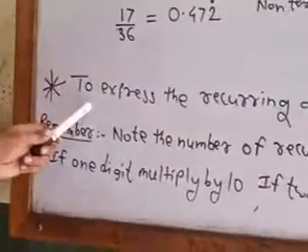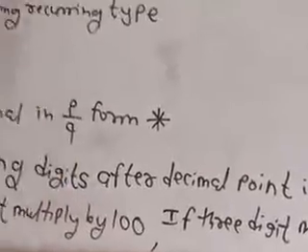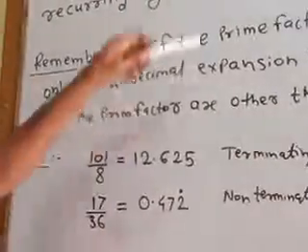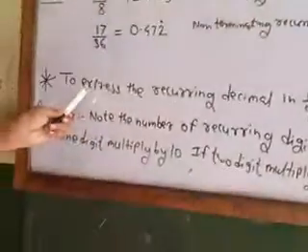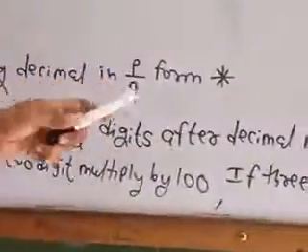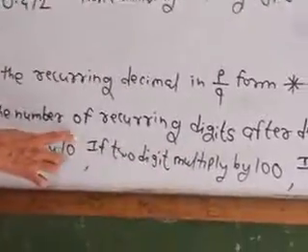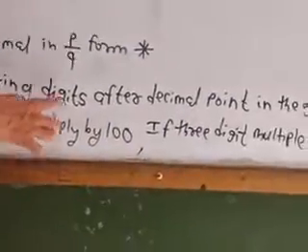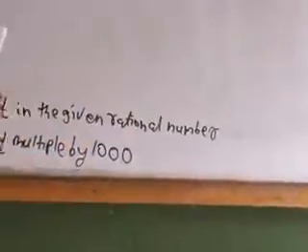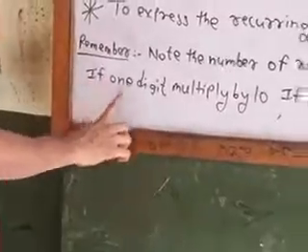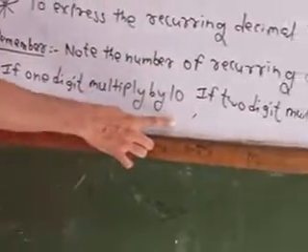Next is how to express a recurring decimal in P upon Q form. All these properties we can use when we solve exercise 2.1. To express the recurring decimal in P upon Q form, there is a property. Note the number of recurring digits after the decimal point in the given rational number. If one digit after the point recurs, multiply by 10.